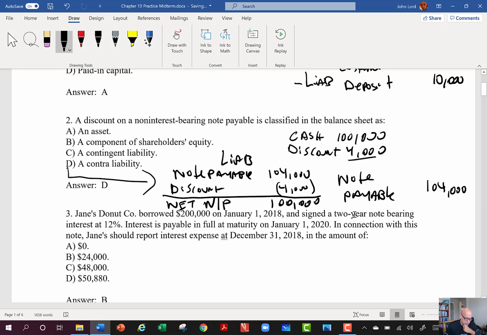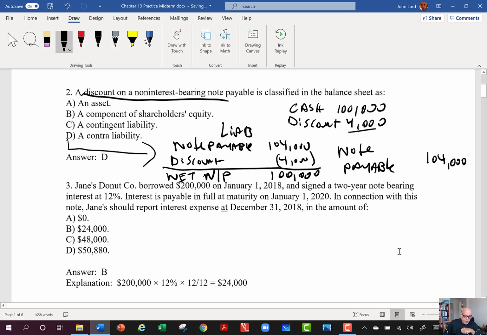The discount on a non-interest bearing note is going to be this $4,000 in this example. That's a contra liability. We're going to deal with a non-interest bearing note here coming up in a question.